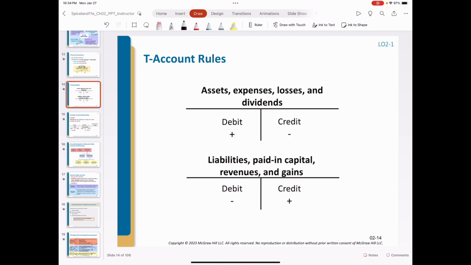So here, assets, expense, loss, and dividends. These four elements are the ones that accounts can be classified into. We call them debit accounts. In other words, if these accounts increase resulting from a transaction, we will debit these accounts. Conversely, liability, paid-in capital, revenue, gains, these are credit accounts.